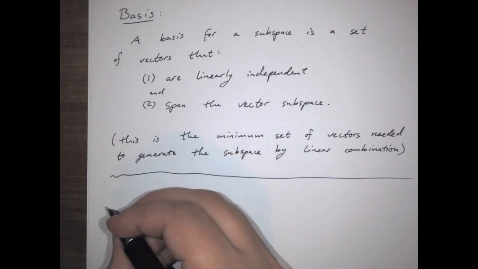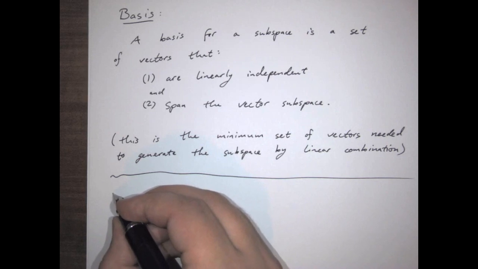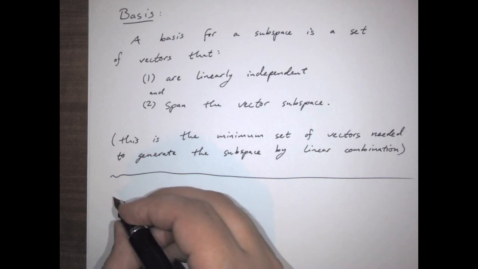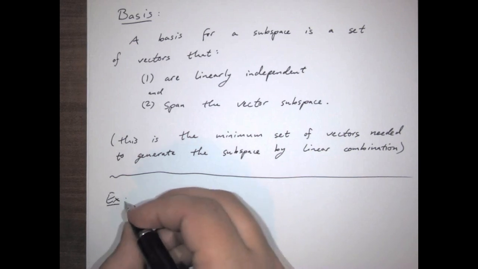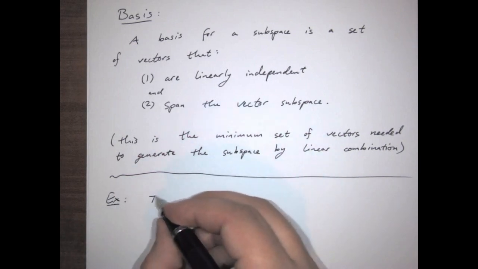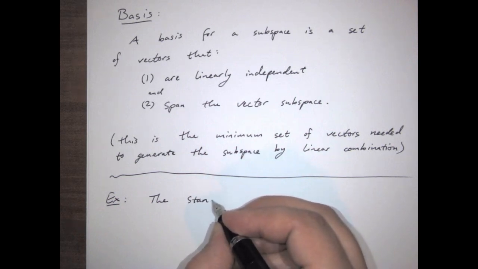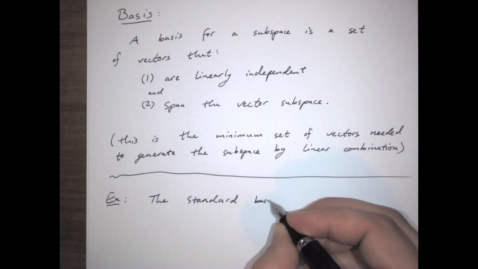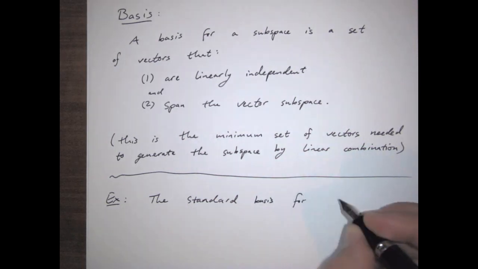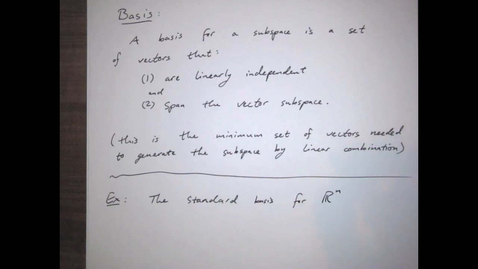So, when we're talking about all of Rn, then we can talk about the standard basis for Rn, and we've actually already seen what this is. So an example here would be the standard basis for Rn.